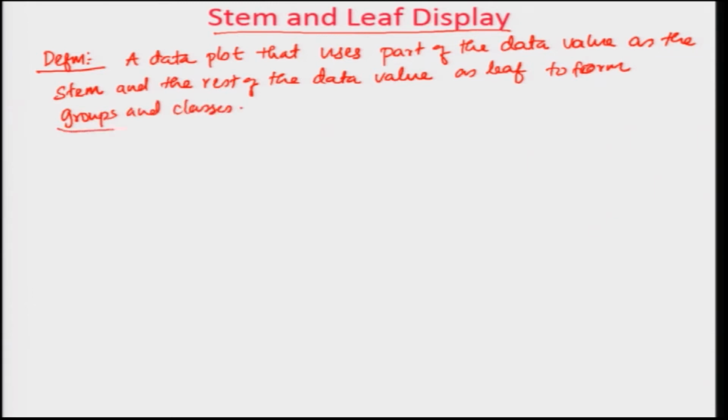So, you are still doing grouping using classes, but you use a part of the data value as the stem and the rest of the data value as the leaf. That is why it is called stem and leaf.